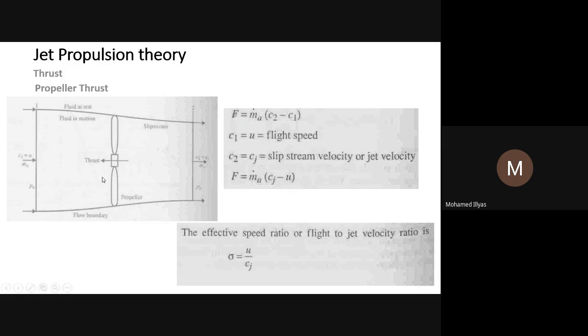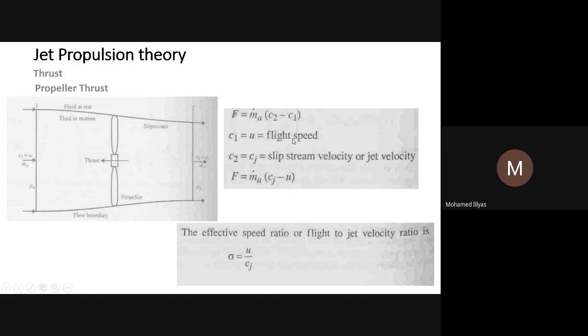So how do we get this in the case of a propeller thrust? We can have a rotating propeller, as we might have seen, correct? Generally, it will be rotating at very high RPM. The speed is not a moderate speed like in our motors. So 4,000, 5,000, 6,000 RPM is very high.